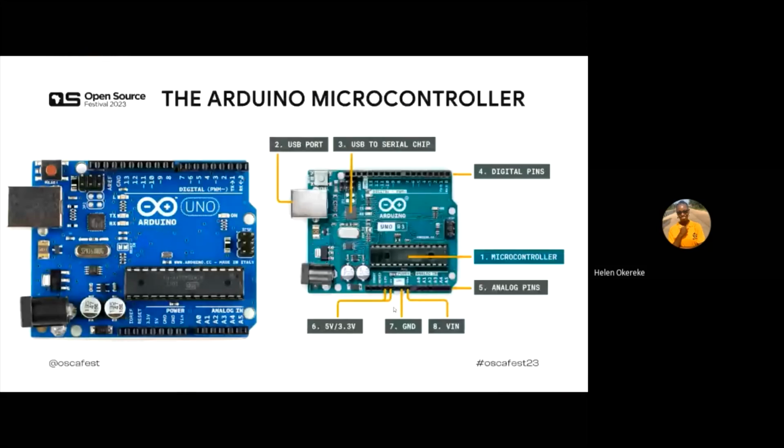Now, we might be trying to control up to 15 devices using just this microcontroller. Just this particular Arduino, we might want to connect 15 hardware devices to it. Remember that each of these 15 hardware devices has its own negative pin.